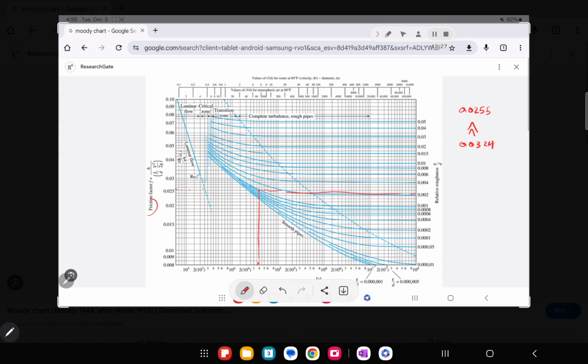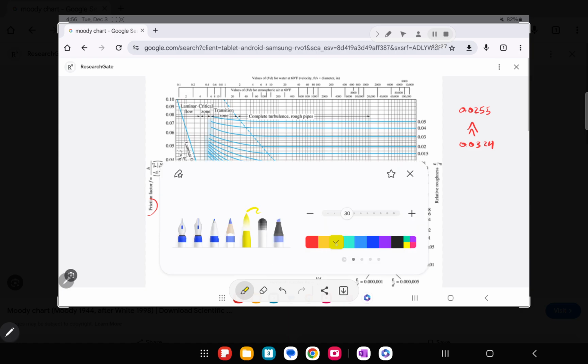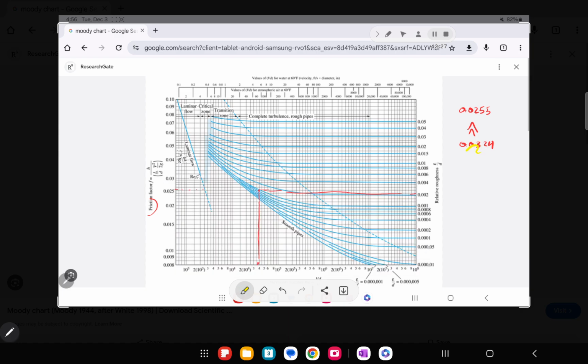So it is too much actually. Now let's check with this. At this Reynolds number, let's find this friction, which is here, for example, somewhere here.